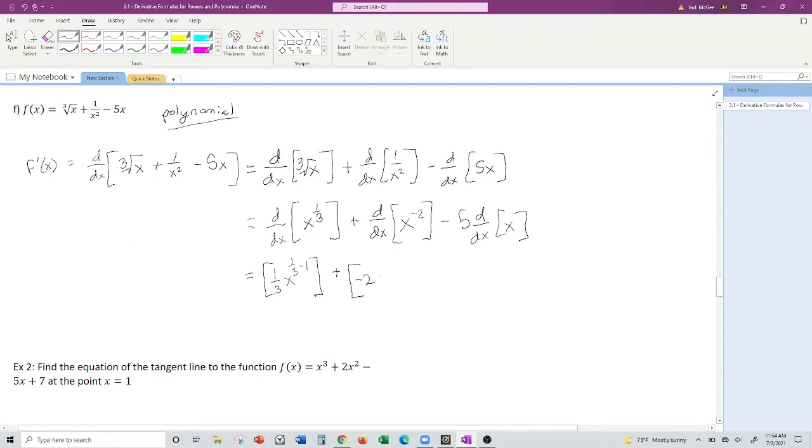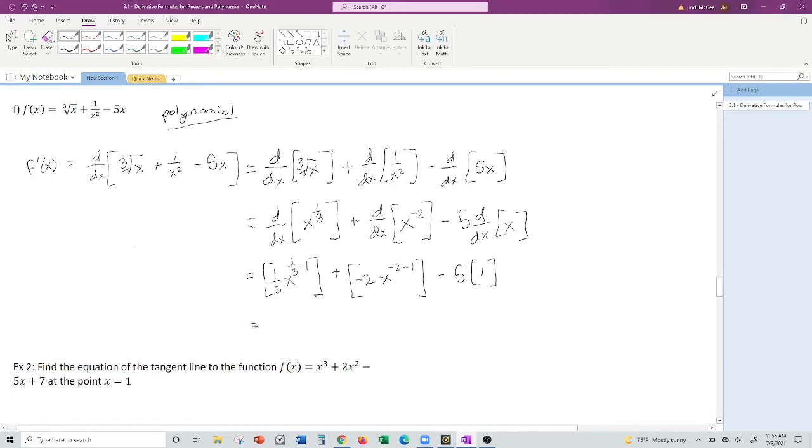Remember to take the sign with it. So negative 2 times x raised to the negative 2 minus 1. And then we have minus 5 times the derivative of x, which we've already done now twice, we know is just 1. I'll write it like this for completeness, but we don't ever need to write multiply by 1, right?